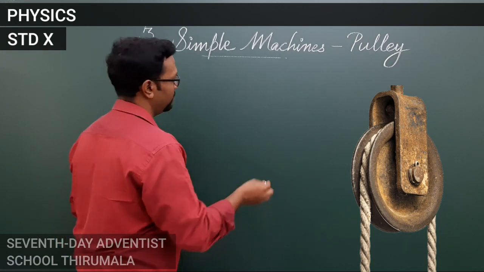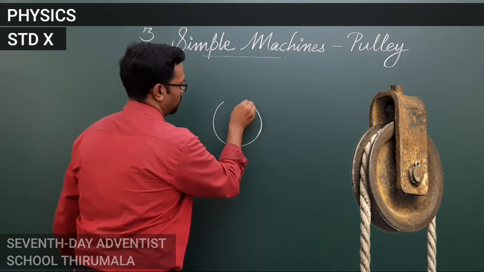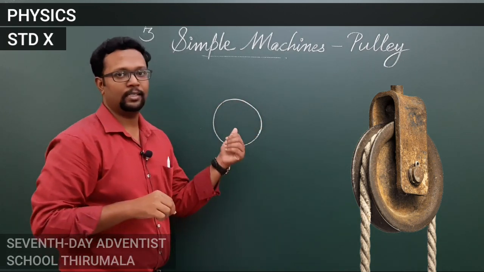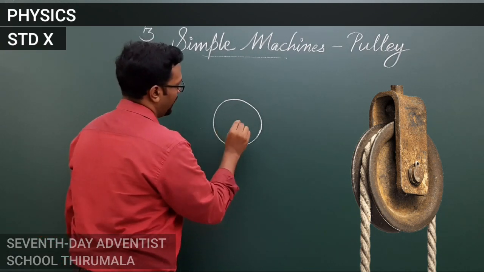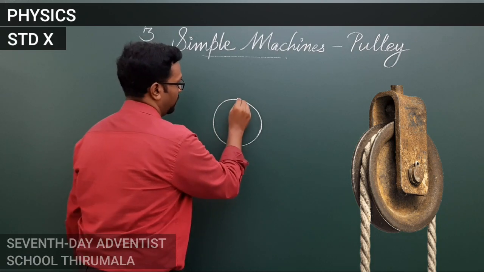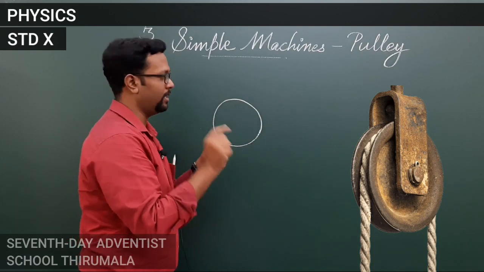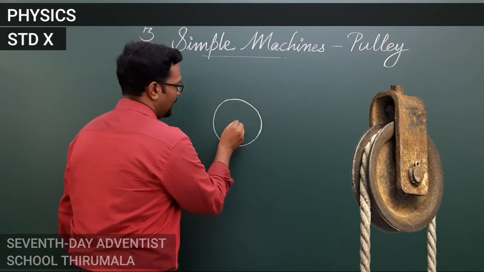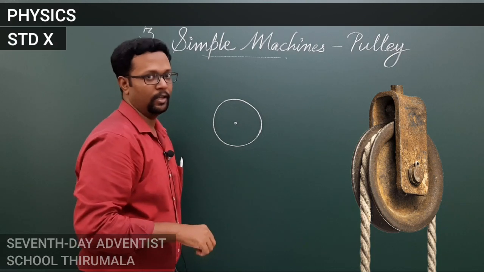I'll draw it over here. A pulley is circular in shape, and a pulley has a small groove around its rim, and there is an axis around which this circular disc rotates.